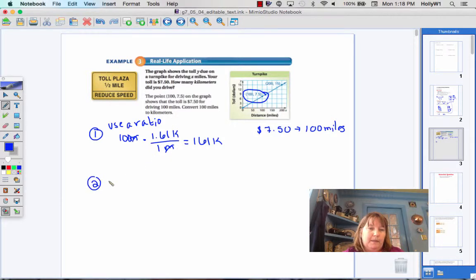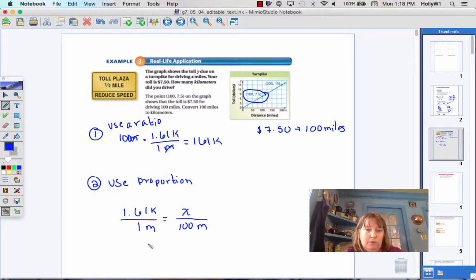Second way is to use a proportion. And I'm going to say 1.61 kilometers to 1 mile, and that's that proportion. And we don't know what the kilometers are. That's what we're trying to figure out. But we do know that the miles are 100.